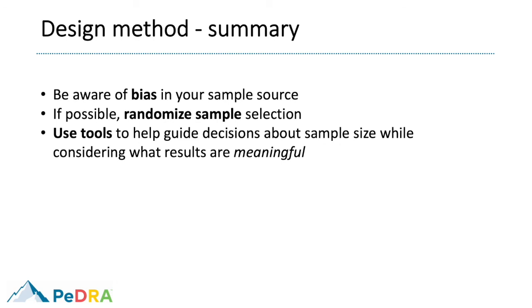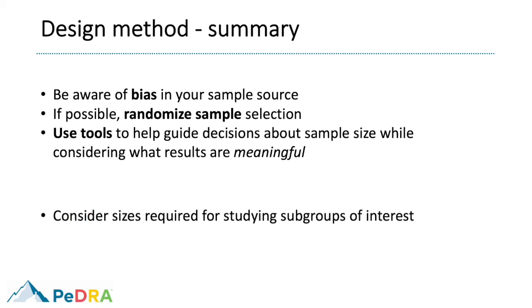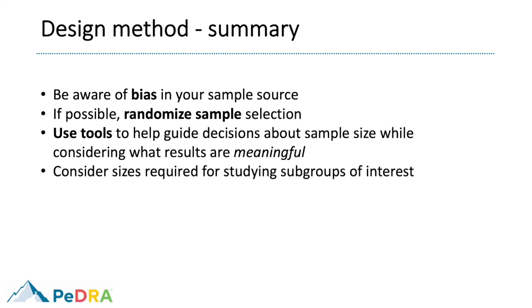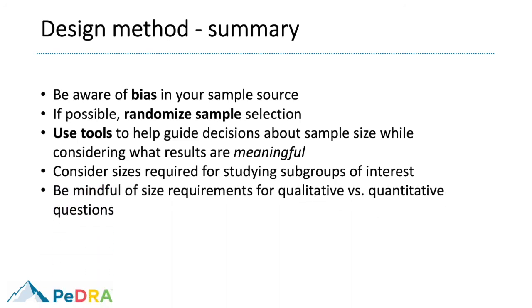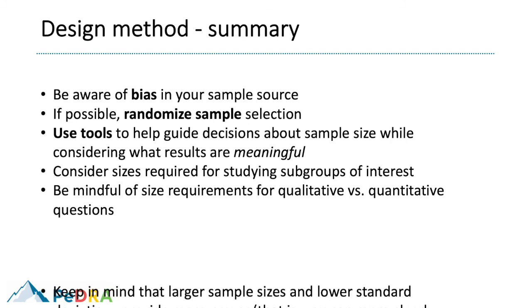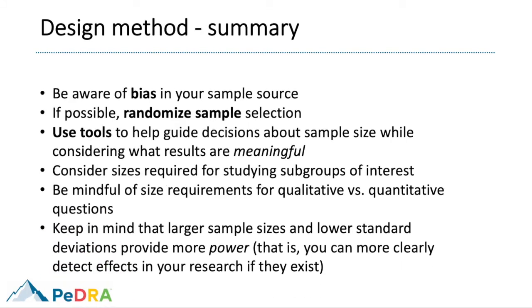Consider sizes required for studying subgroups of interest. Be mindful of size requirements for qualitative versus quantitative research and questions. Keep in mind that larger sample sizes and lower standard deviations provide more power. That is, you can more easily detect effects in your research if they exist.